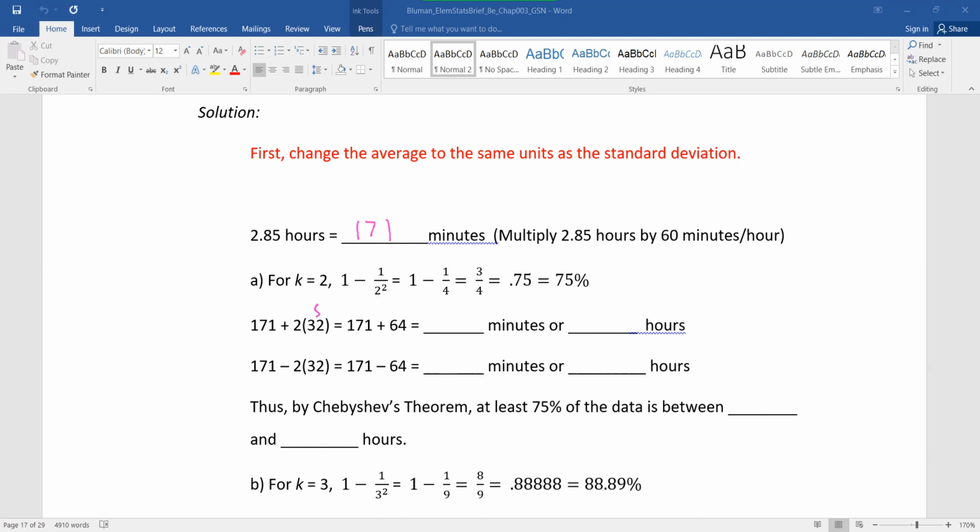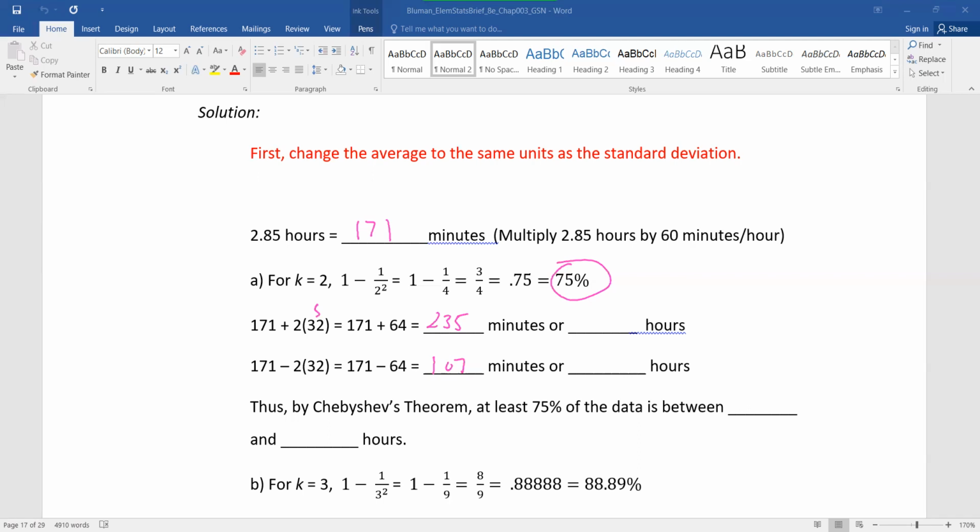So what's 171 plus 64? And then what is 171 minus 64? 107. So what this is stating is that 75% of my data will be between 107 minutes and 235 minutes.